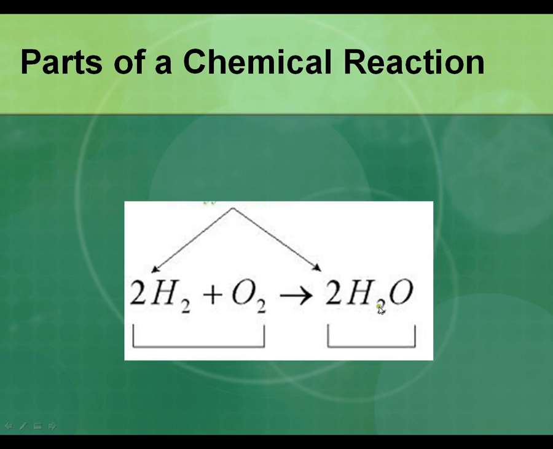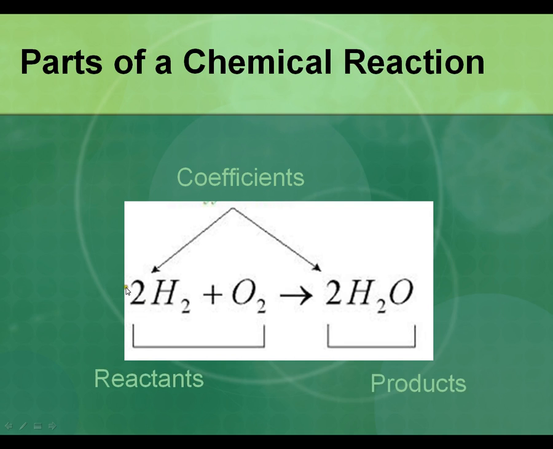So here's what a basic chemical reaction would look like if you were to write it out in shorthand. And by shorthand, I mean using the symbols from the periodic table, so H for hydrogen, O for oxygen. On the left side of the equation, you always have your reactants, and on the right side of the equation, you always have your products.